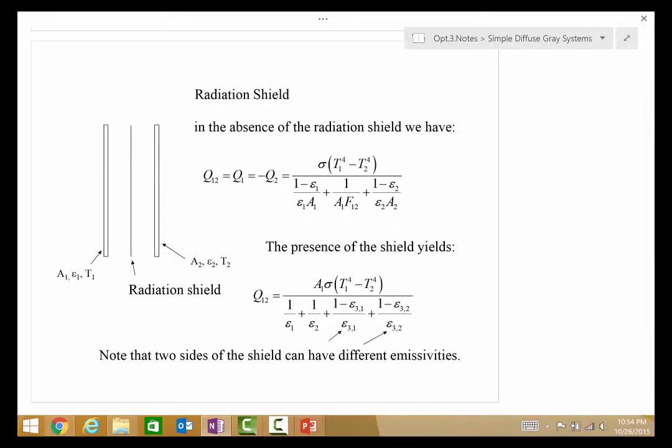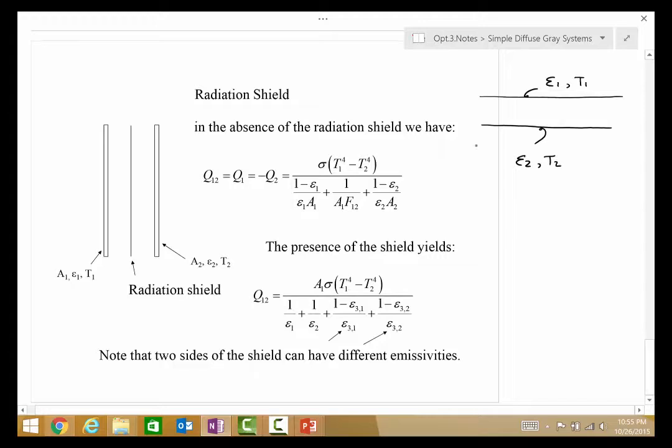The last relatively simple case is a radiation shield. So if we have a simple two-sided enclosure, so the two-sided enclosure problem is two large parallel plates. I'm drawing this a little bit differently from what we have here. So epsilon 1, T1, epsilon 2, T2.